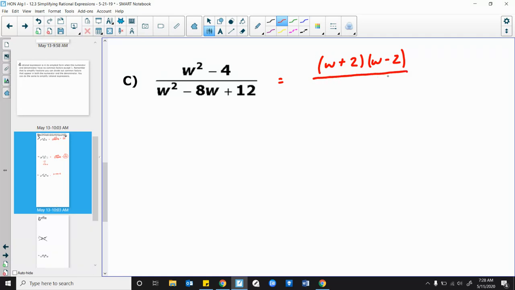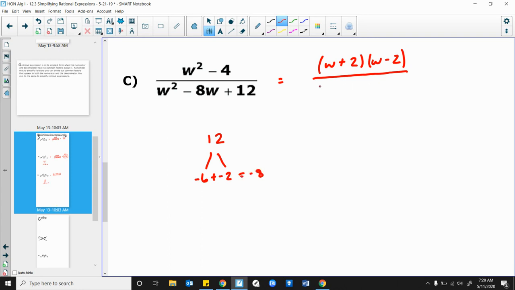On the bottom, we do what multiplies to get me 12 that'll add to get me negative 8. In this case here, let's see. I got to add to get me negative 8. I think we're going to go with negative 6 and negative 2 because negative 6 times negative 2 is 12, and negative 6 plus negative 2 is going to equal negative 8.